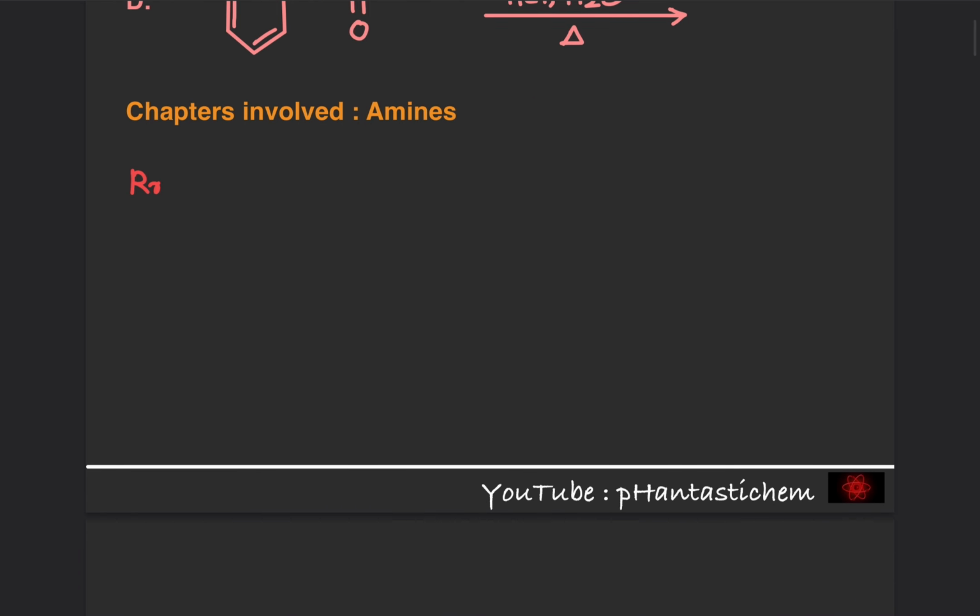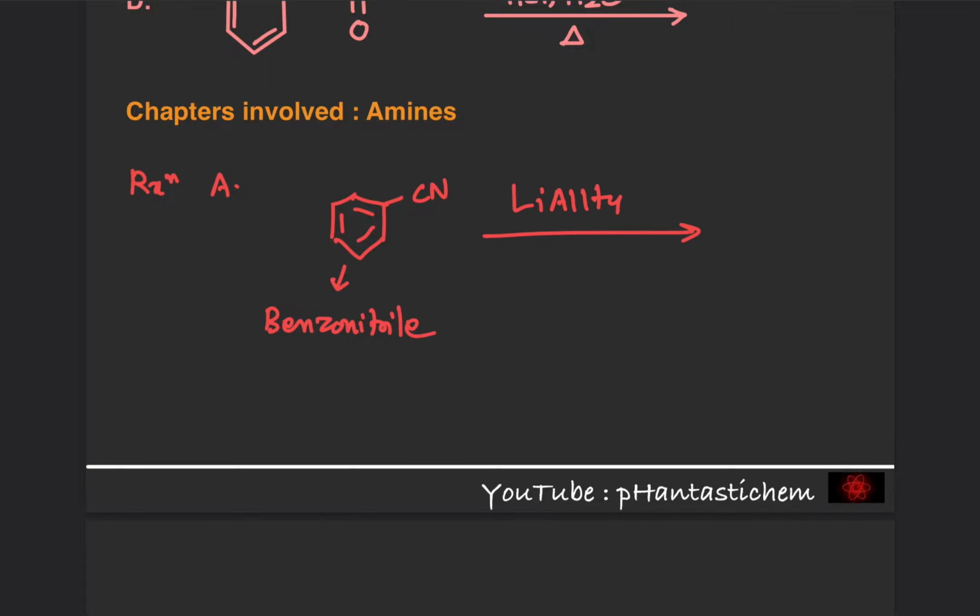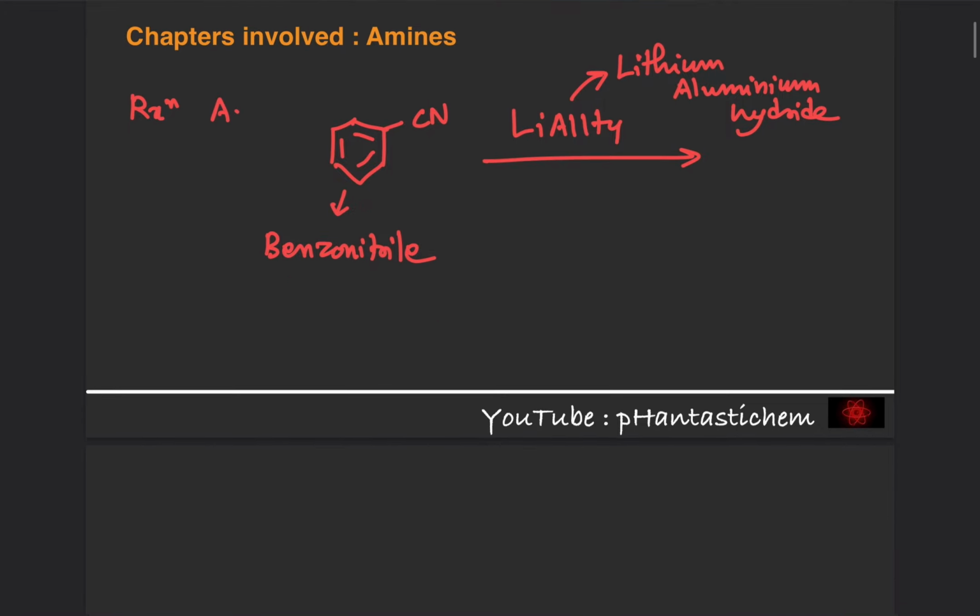So reaction A, we have benzene ring connected to CN. So this is benzonitrile, and it is reacting with LiAlH4, which is lithium aluminum hydride. LiAlH4 is a powerful reducing agent.